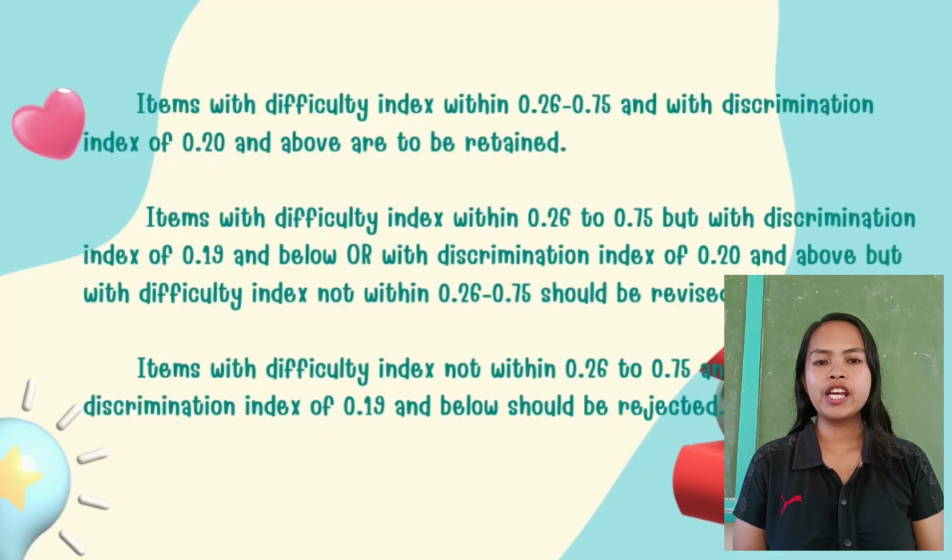On the other hand, if the difficulty index is within 0.26 to 0.75, but the discrimination index is below 20, that item is to be revised. And the last one, if the item is not within 0.26 to 0.75 and the discrimination index is also below 0.19, that item will be rejected.